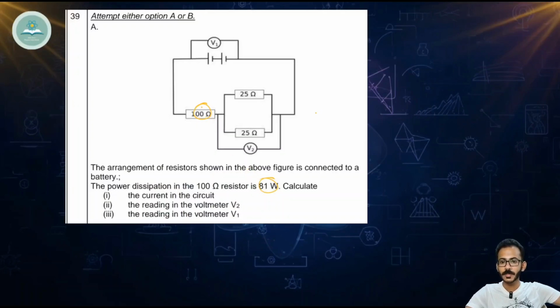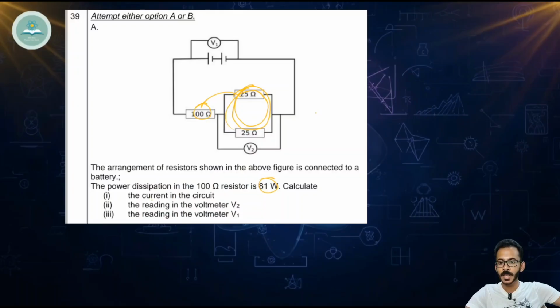Because we know here, if we consider the single resistor and these two resistors as a team which is connected parallelly, this parallel connection and this resistor both are connected in series. We know in series the current will be same, voltage will be different. But in parallel connection, if we consider only this team, then the potential difference across these two should be the same value, which will be across this voltmeter.